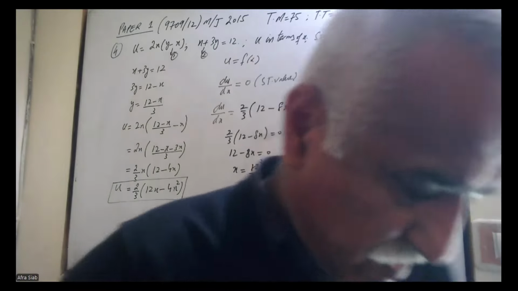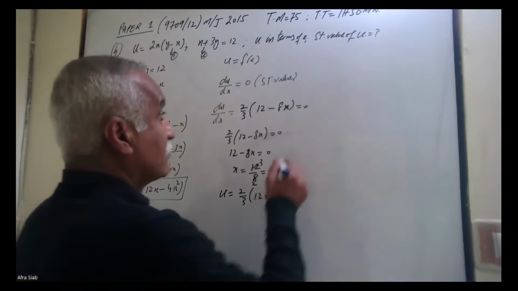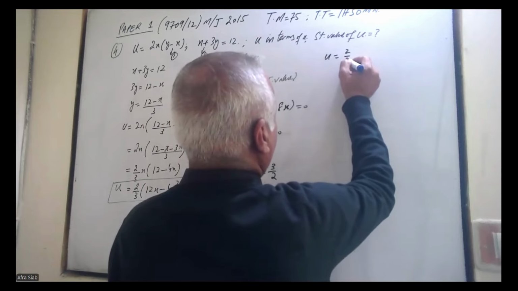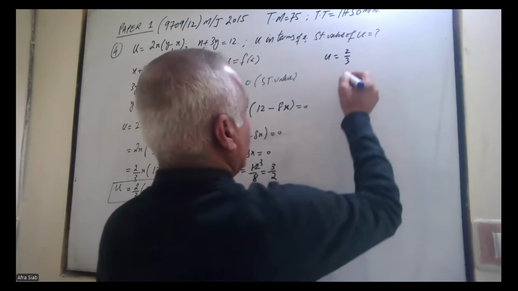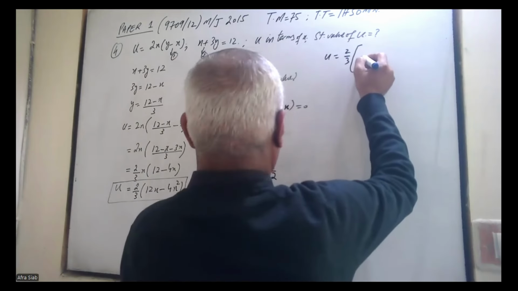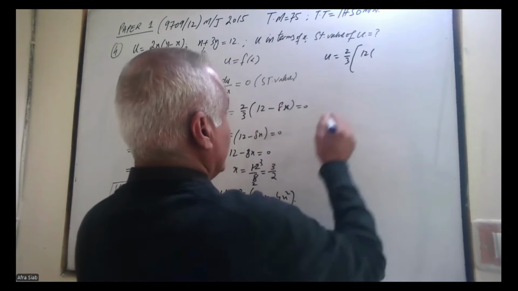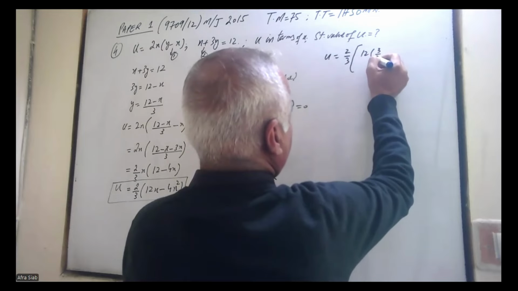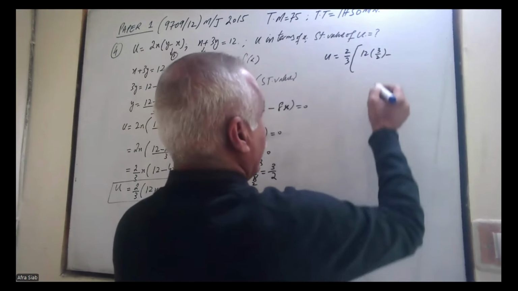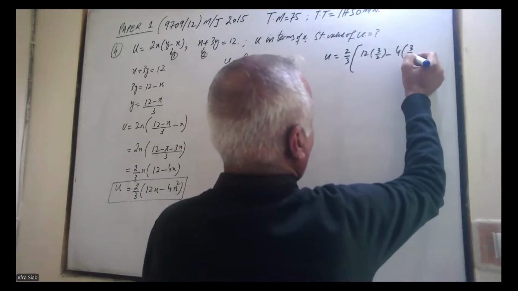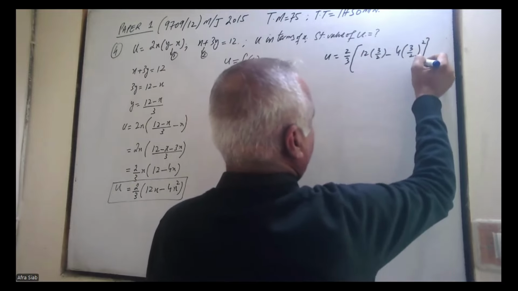So for the stationary value, u is equal to 2 by 3 into (12 into 3 by 2 minus 4 into (3 by 2) whole square).